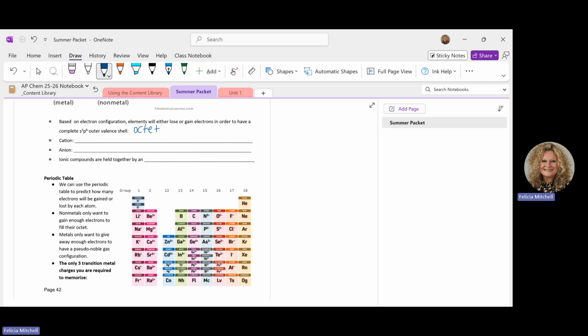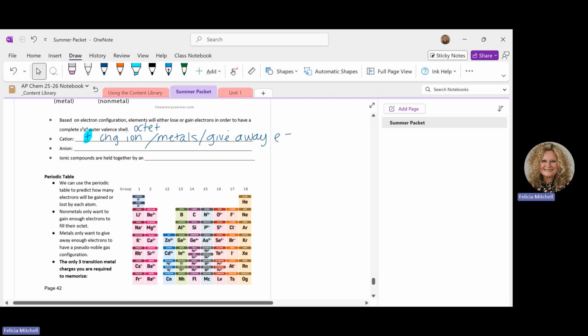A cation is a positively charged ion, and metals generally do that because they give away electrons. A lot of students will say positive T because you got the T in the cation, okay? A negatively charged ion is usually formed by nonmetals, and it is because you gained electrons.